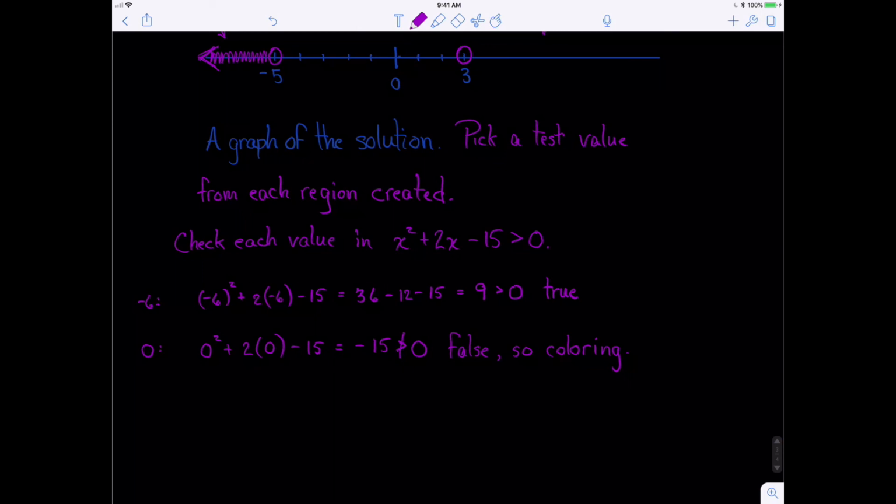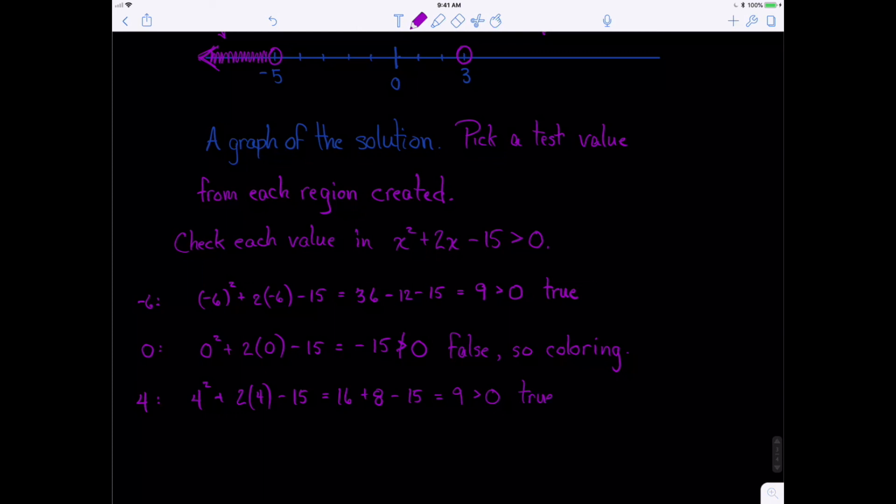Finally, let's check our last value. We said we were going to try 4. So if I put 4 squared plus 2 times 4 minus 15, well, that's 16 plus 8, which is 24, and I subtract 15, I get 9. Whoa. Which is greater than 0, which is true.